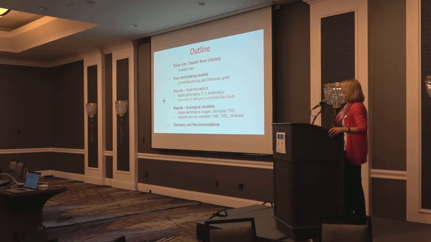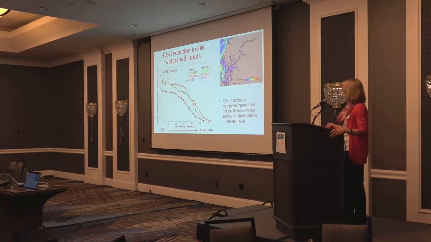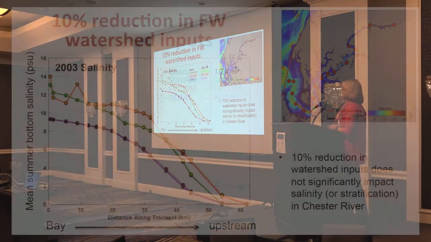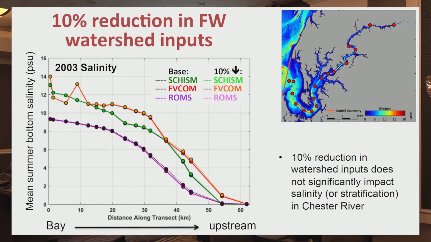Now I want to go back to talking about the sensitivity impacts of changing the watershed and bay inputs. We did two different sensitivity experiments. In the first one, we reduced the freshwater inputs from the watershed by 10%. Those are the results I'm showing here. On this figure I have six lines, showing 2003 mean summer bottom salinity.